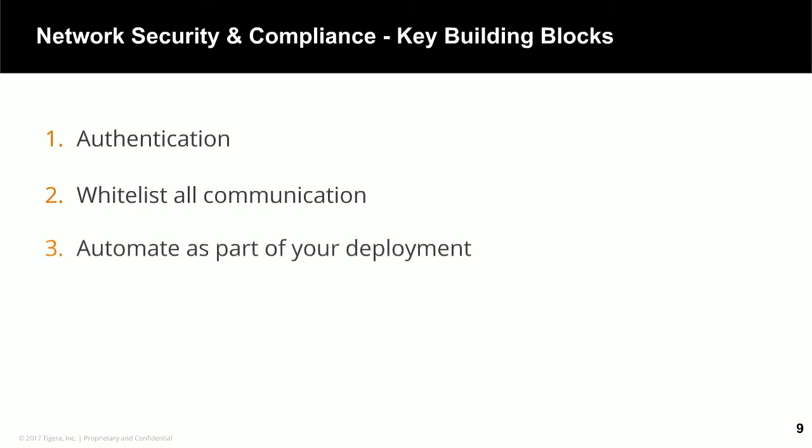The third aspect that you should design for is to automate this security model as part of your deployment. As we know, deploying Kubernetes workloads is all done in an automated fashion. Part of your CI/CD pipeline will make sure that the security model, the network policies you're going to create, are all part of your deployment pipeline.